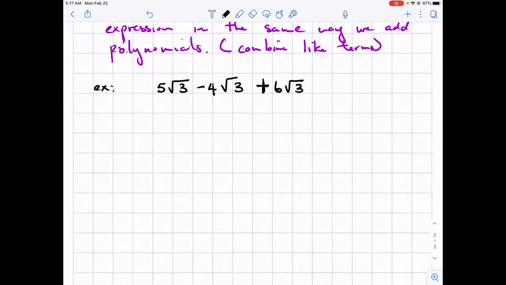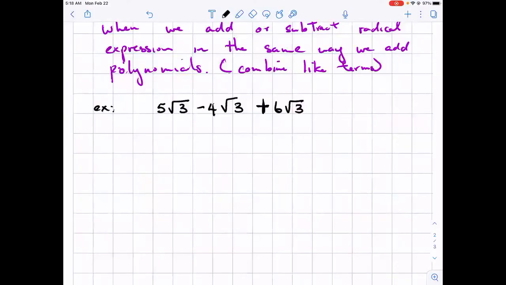Notice the radicand is the same for all of them, and my index is square root, so I can just combine them.